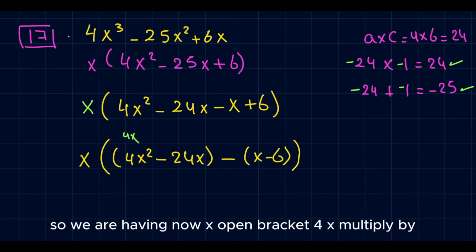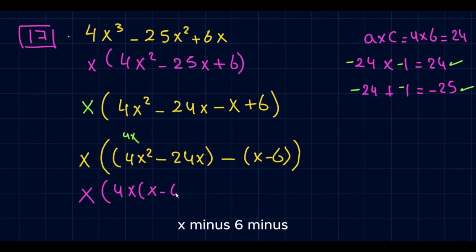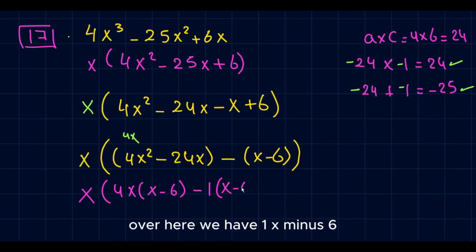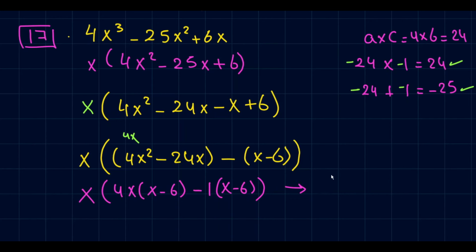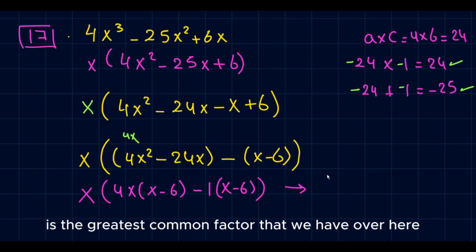So we are having now x, open bracket, 4x multiplied by x minus 6 minus, over here we have 1, x minus 6, and close your bracket, and this will lead us to x minus 6 is the greatest common factor that we have over here.